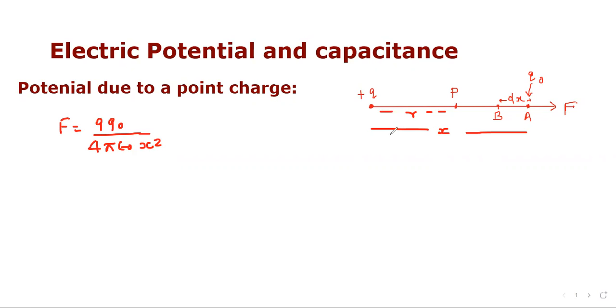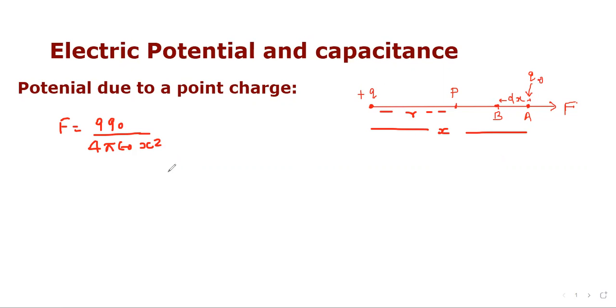Now, suppose we move this charge from point A to point B, then we have to do some work against the force of repulsion, because this is a positive charge and this is also a positive charge, so the force of repulsion will act. And if we want to move this charge Q0 from A to B, we have to do some work, and that work we have to calculate.